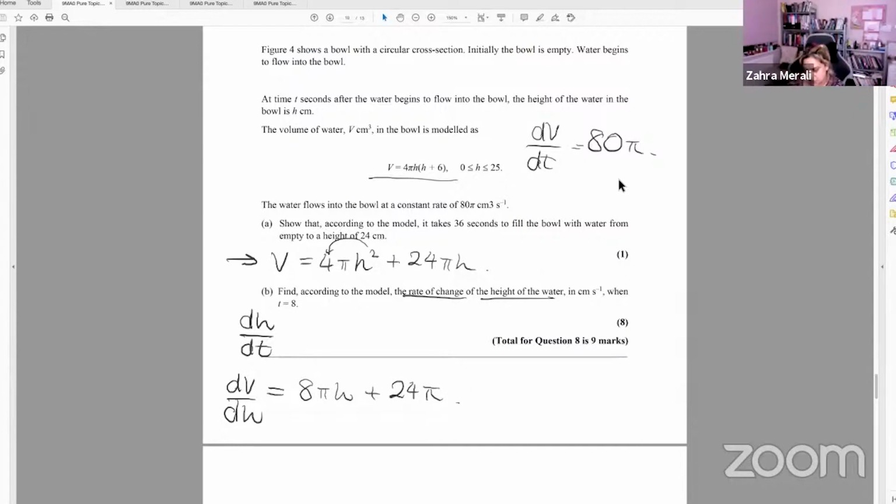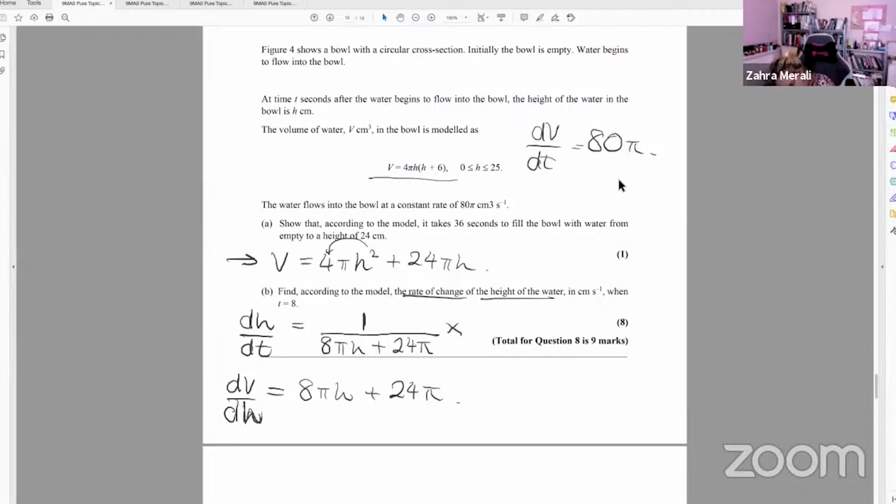And then you can say, well, I want dh/dt, so I want the h on the top. In order to do that, I have to flip over dh/dV. I'm flipping it over, so I'm getting 1 over 8πh plus 24π, and I'm multiplying that.